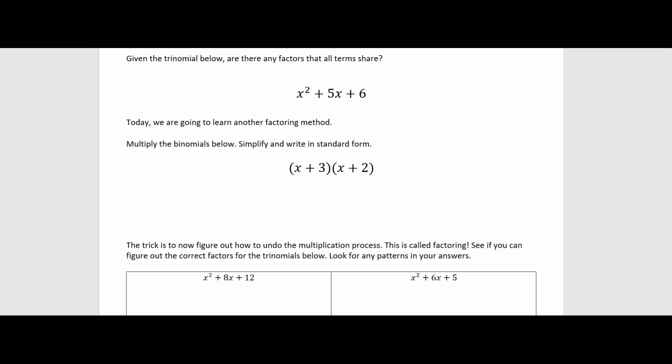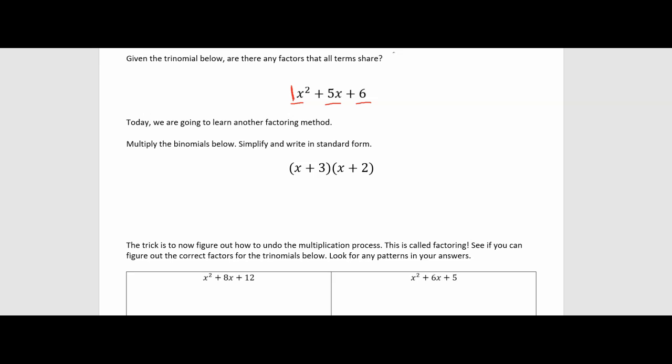So in our previous lesson, we would have looked for a common factor between all three of these terms. So a common factor between x squared, 5x, and 6. Well, the first thing we probably notice is that not all of them share an x, right? So an x could not be part of our greatest common factor. Then we might think of a number. What's the largest number that they all share?